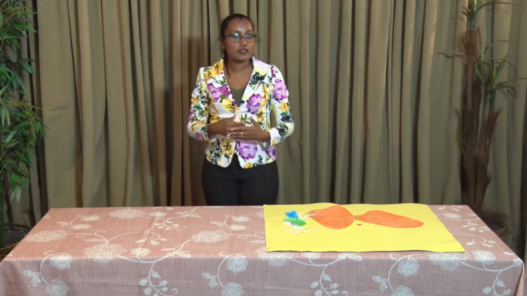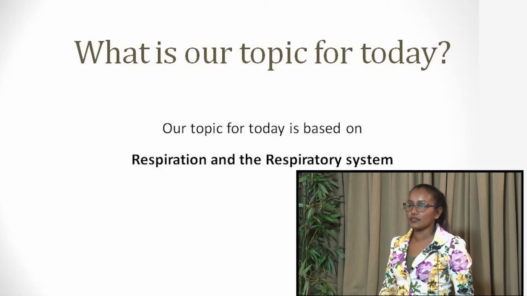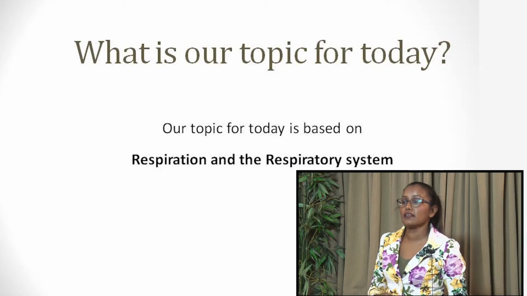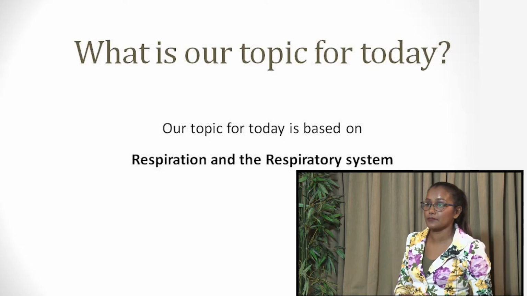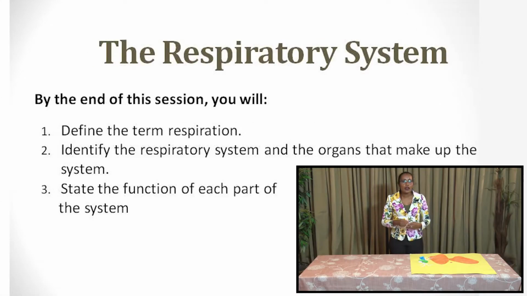Very good, it belongs to the respiratory system. So, our topic today is based on respiration and the respiratory system. By the end of this session, you should be able to define the term respiration, identify the respiratory system and the organs that make up the system, and state the function of each part of the system.